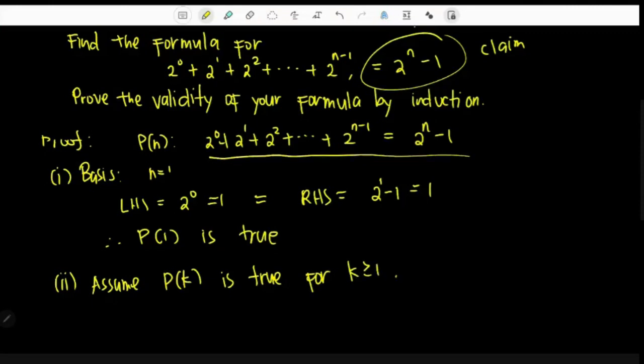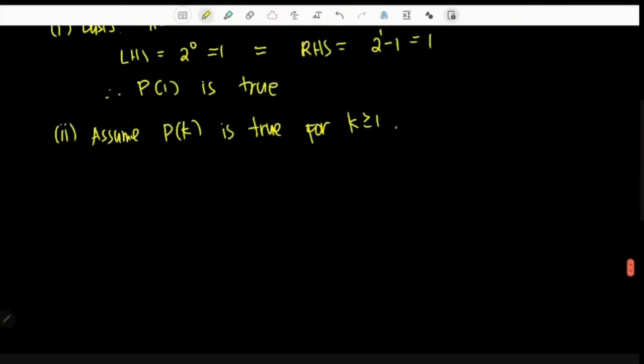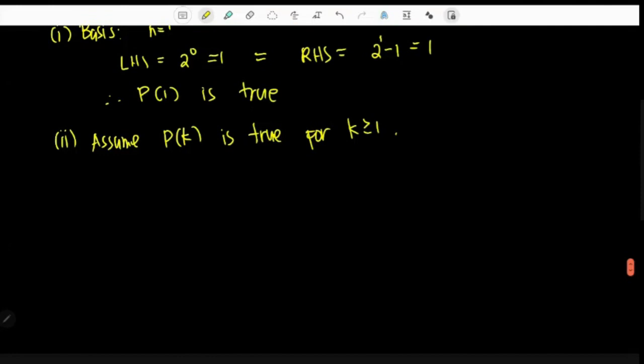So k is an integer greater than or equal to 1. The next step is to show that P of k plus 1 is also true. So how do we show that P of k plus 1 is also true?